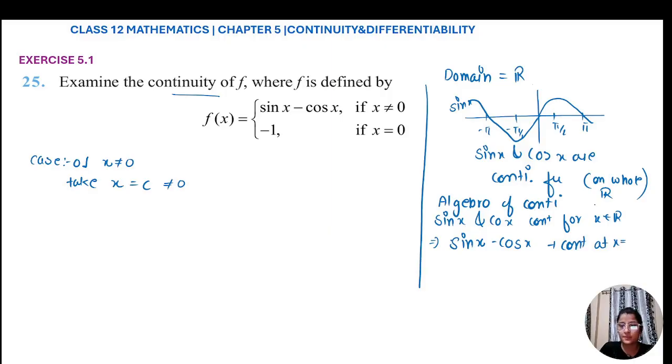If I take a fixed point, suppose x equals c, the functions sin x and cos x are continuous, so sin x minus cos x is also continuous at x equals c. It's just algebra: the sum of two continuous functions is continuous, the product of two continuous functions is continuous, the subtraction of two continuous functions is continuous. So by this we have that sin x minus cos x is continuous.